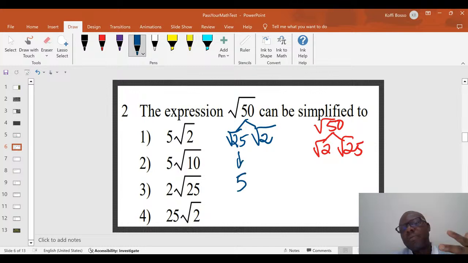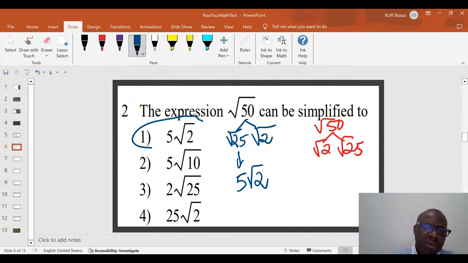Because 25 is a perfect square, and as a perfect square, the square root gives you a regular number. So what number multiplied by itself gives you 25? That number is 5. So we have a regular 5, and we keep the square root of 2. Therefore, the correct choice is choice number 1.